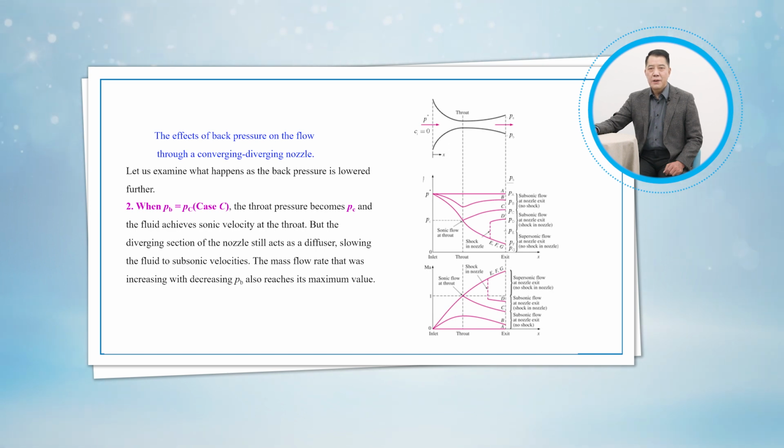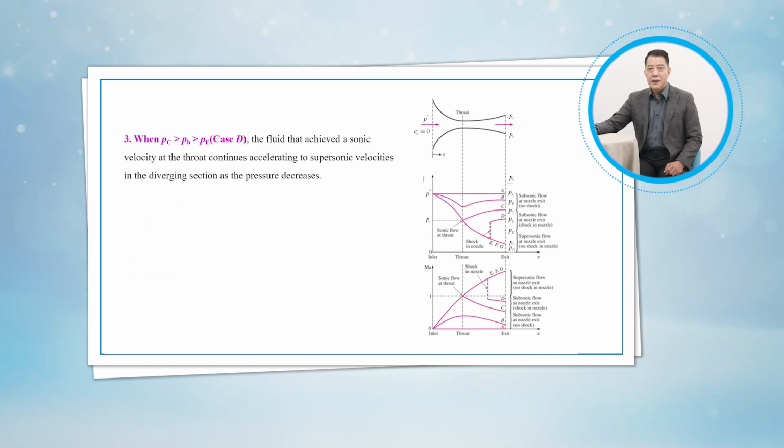Thus, lowering PB further has no influence on the fluid flow in the converging part of the nozzle or the mass flow rate through the nozzle. However, it does influence the character of the flow in the diverging section.